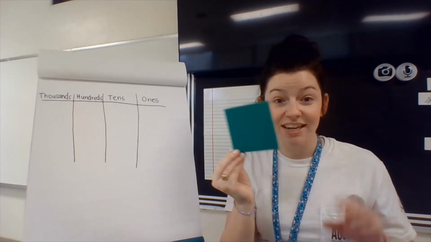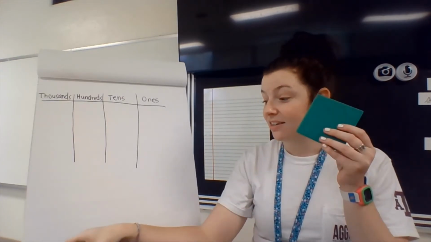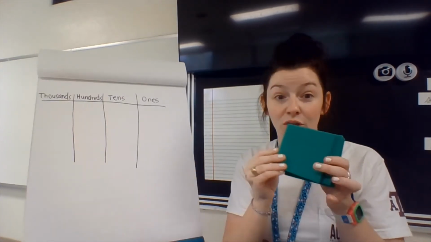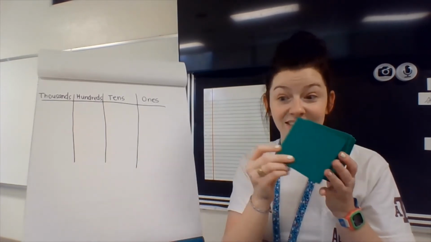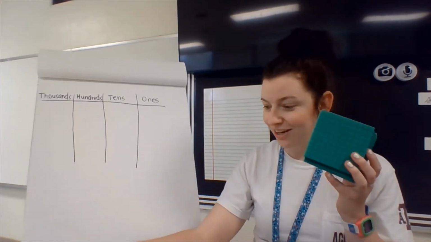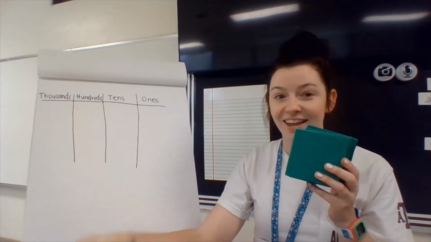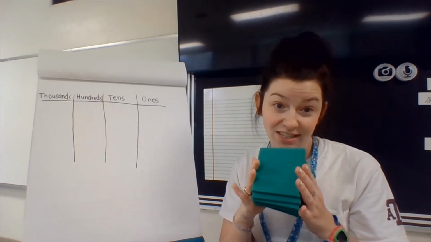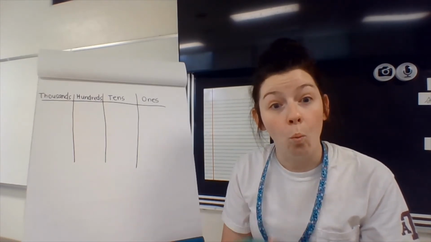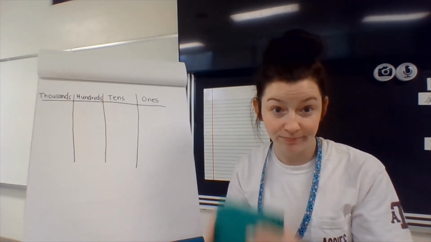If I count 10 hundreds, 100, 200, 300, 400, 500, 600, 700, 800, 900, 10 hundreds is equal to 1,000.